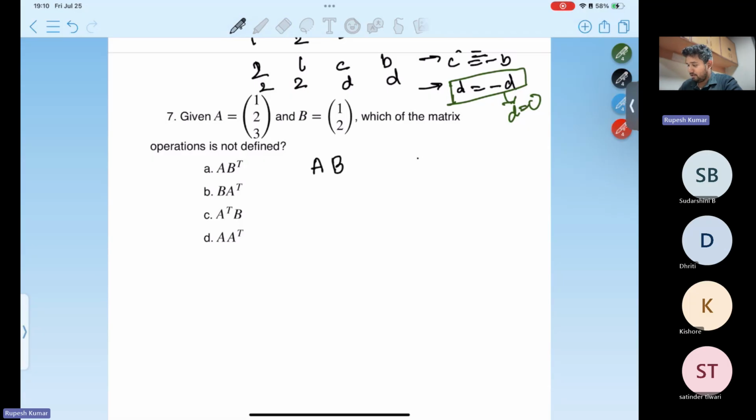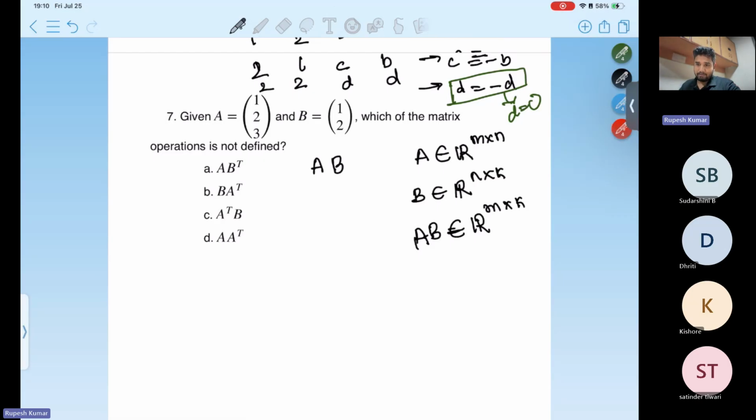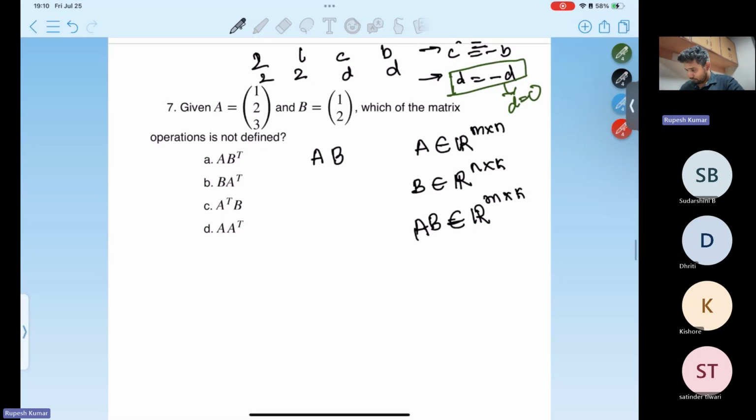When we have a matrix A of dimensions m cross n, and a matrix B of dimensions n cross k, then you can define AB, the matrix product, right? You can always define this as a matrix that has dimensionality m cross k. This is by the definition of matrix product, right, everyone? I hope everyone remembers this.